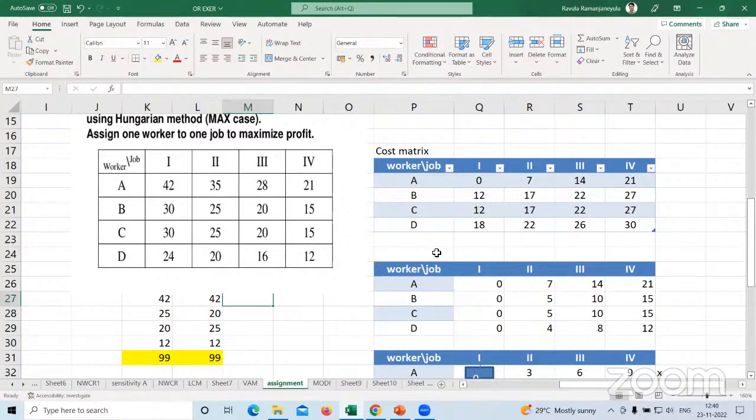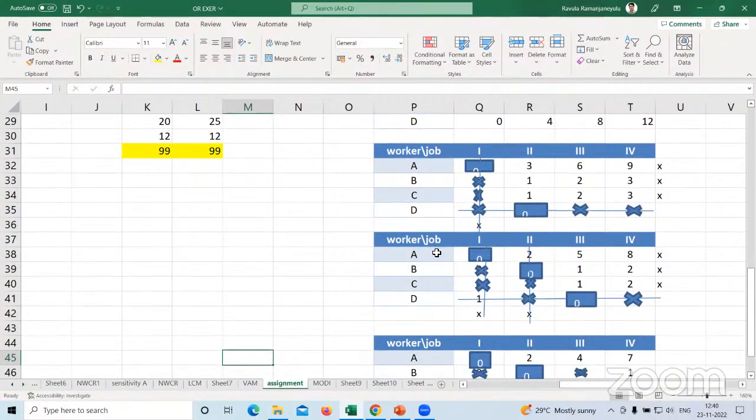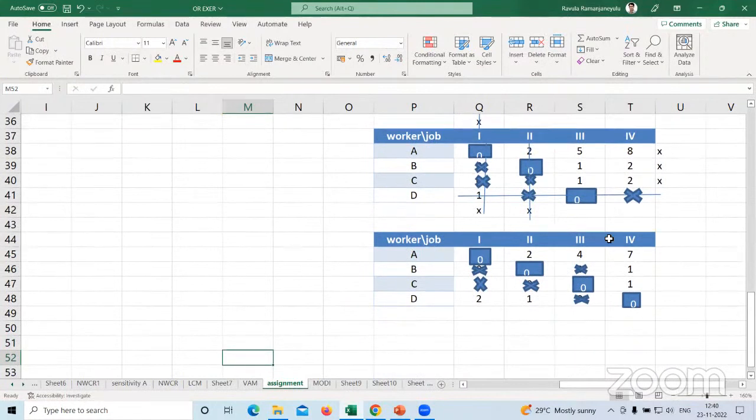That's why you are getting the zeros in that way. So ultimately the allocation is made: A to 1, B to 2, C to 3, D to 4. This is the solution for this question.